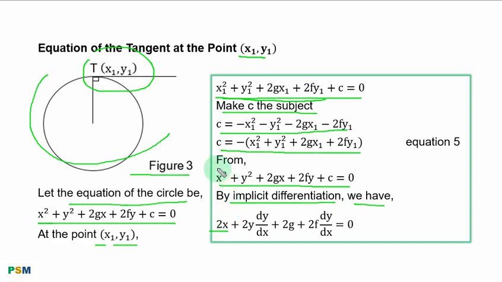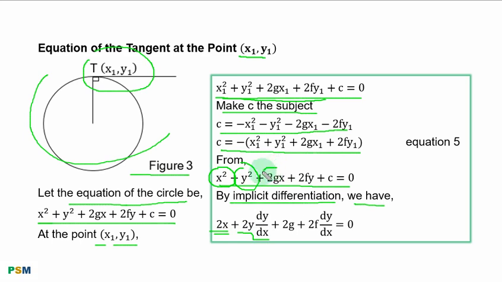If you differentiate s squared with respect to s, you have 2s, plus differentiate y squared with respect to s, you have 2y dy/ds.